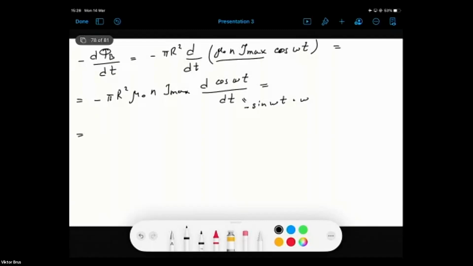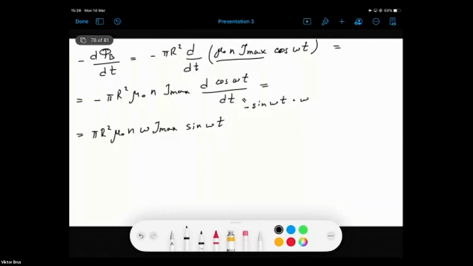And that's why we will get, minus and minus will give us plus, pi times r squared mu naught times n times omega times I maximum times sine omega t.